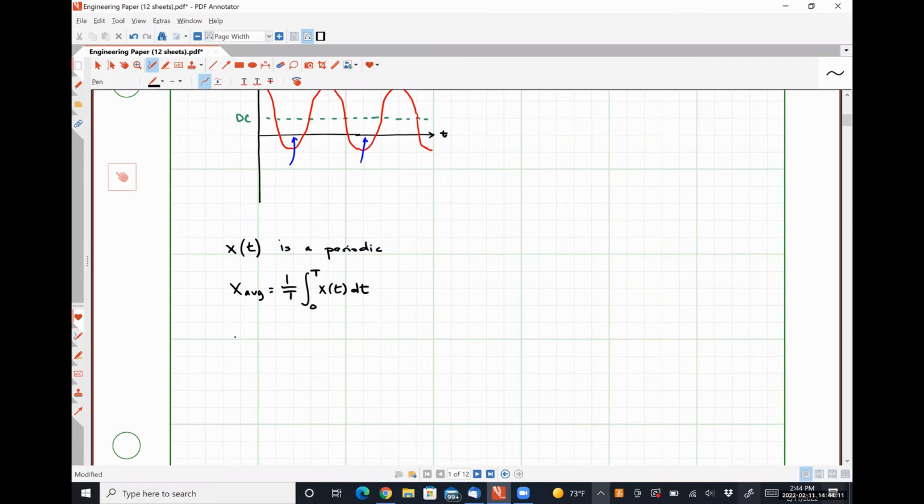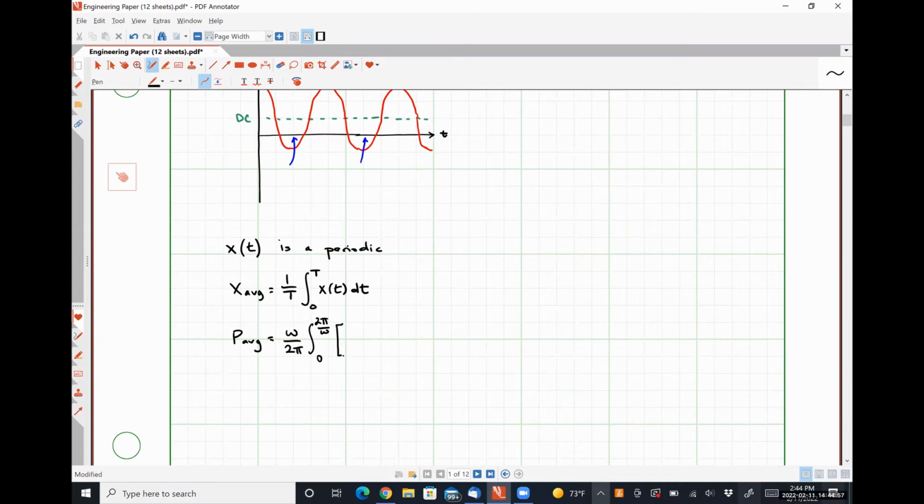So mathematically, our average power will be 1 over T. So in this case, because we're dealing with sinusoidal functions, 1 over T is going to be related to our angular frequency omega as omega over 2 pi. We're going to integrate from 0 to 2 pi over omega.